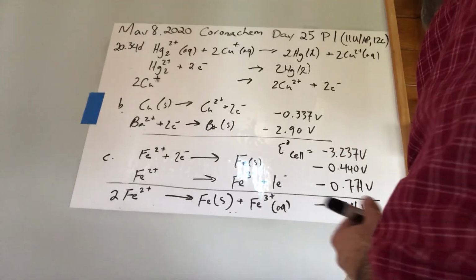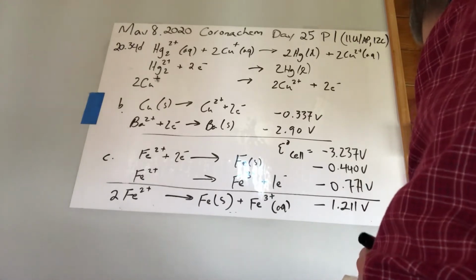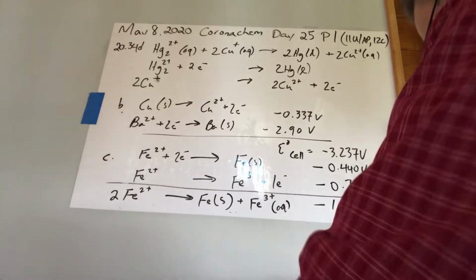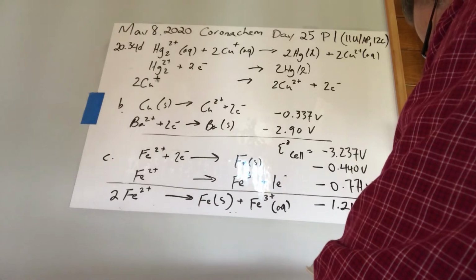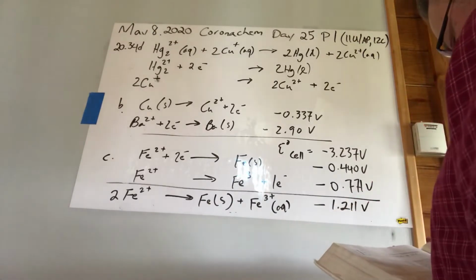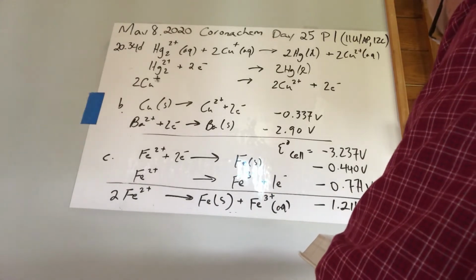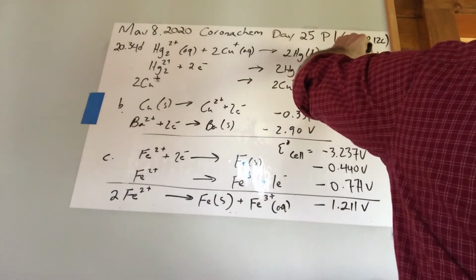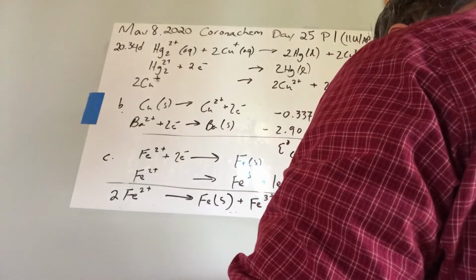So the potential for the mercurous ion turning into elemental mercury, let me see, Hg, where are you? Here it is. Okay. Hg2 2+ plus 2 electrons gives you 2 Hg, 0.789. And the other one is cuprous turning into cupric.